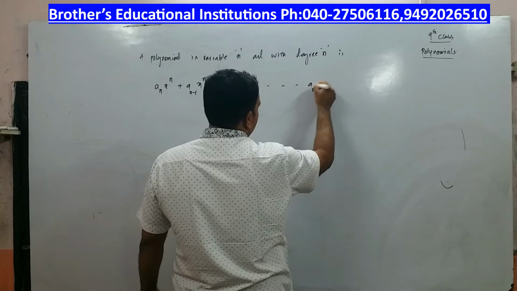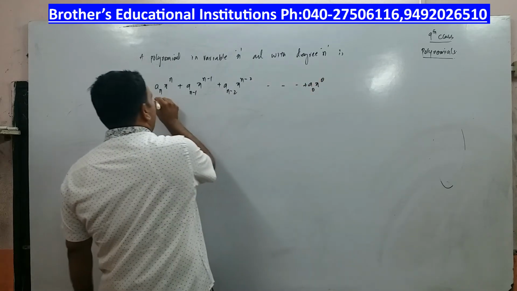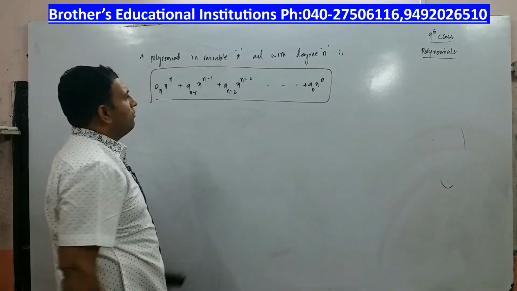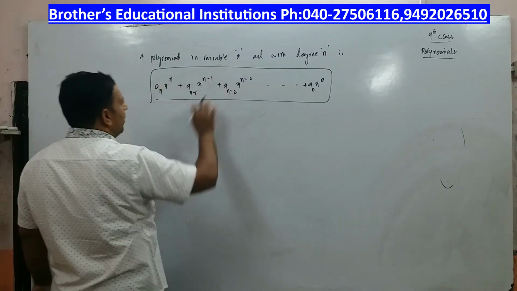A n minus n is a 0, x to the power of n minus n is x to the power 0. So, I have taken a very simple polynomial in variable x, where the highest power is how much? N, where the degree is what? N.